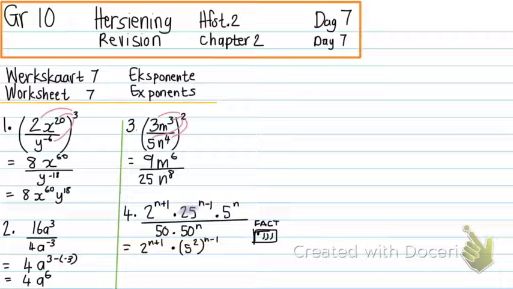So only the 25 gets substituted by 5 squared in brackets, and the n minus 1 stays outside, times 5 to the power n. Then 50 on the bottom is 2 times 5 squared, and 50 again is 2 times 5 squared, to the power of n.